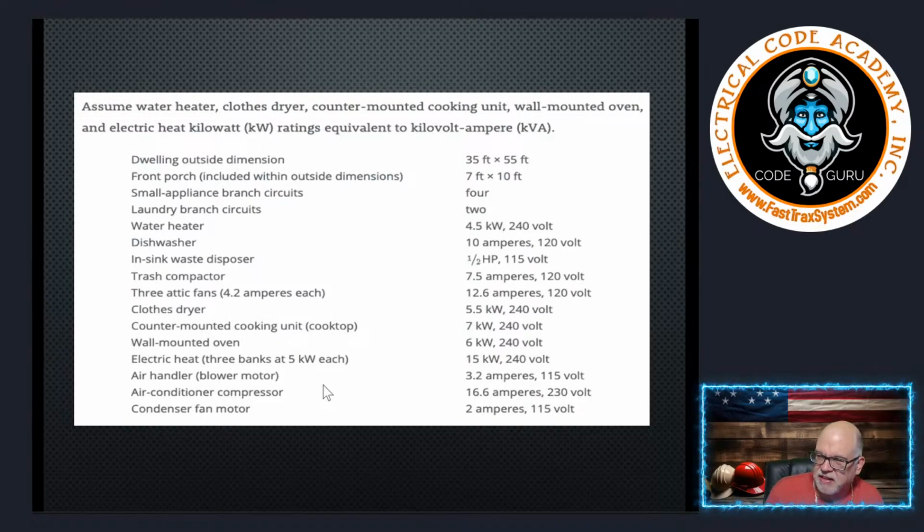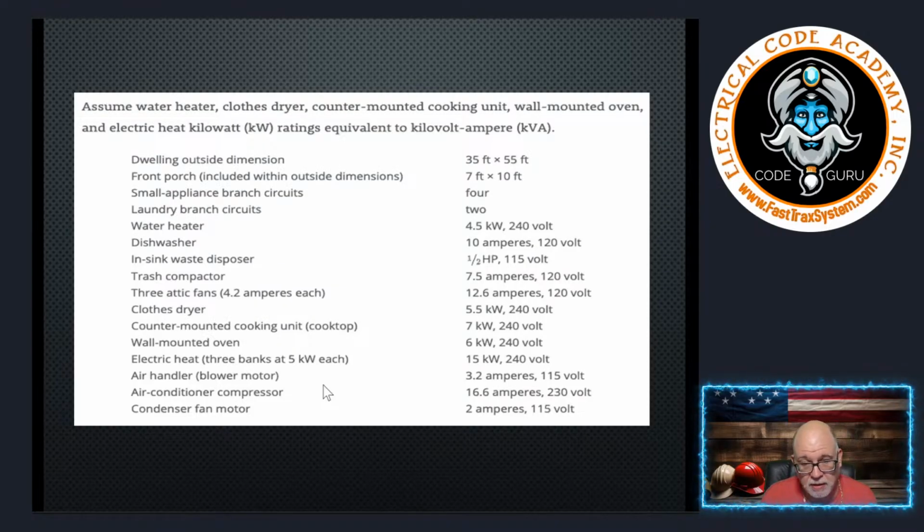The next we have is an air handler. That air handler will definitely be blowing the heat around as well. So remember that air handler at 3.2 amperes. Again, we're going to have to convert that to VA. Again, amps times volts. It is not a non-coincident load. So what that means is that when the air conditioning is running, the air handler works.